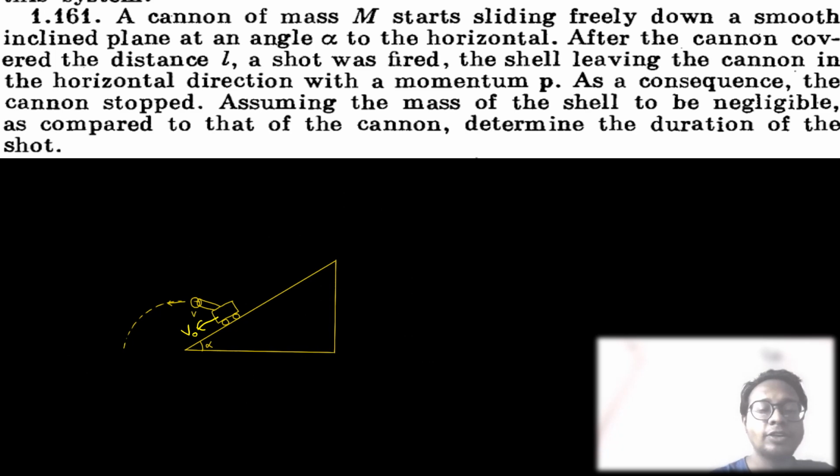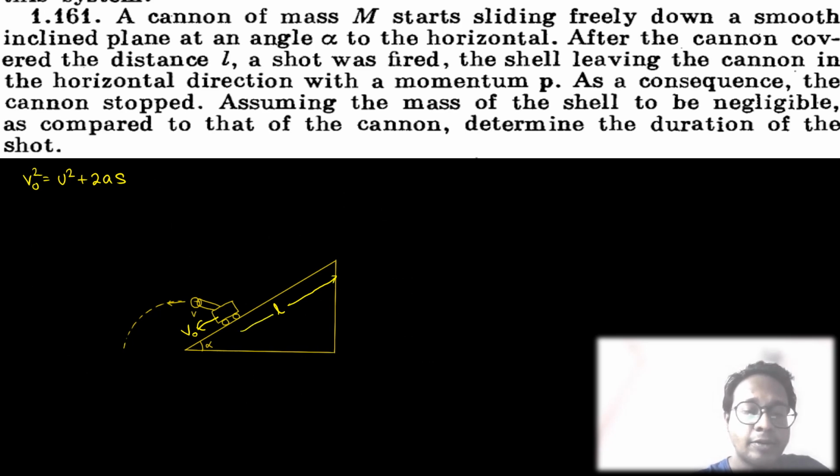And what is this v naught? If I apply v naught square is equal to u square plus 2as, let the length be L, where L is the distance the cannon plus ball traveled. It started from zero velocity out here, so initial velocity is equal to 0.